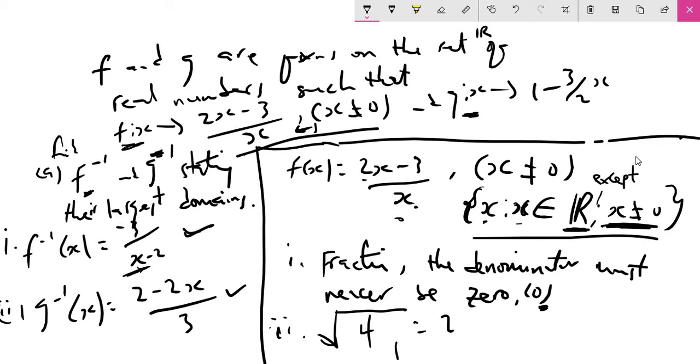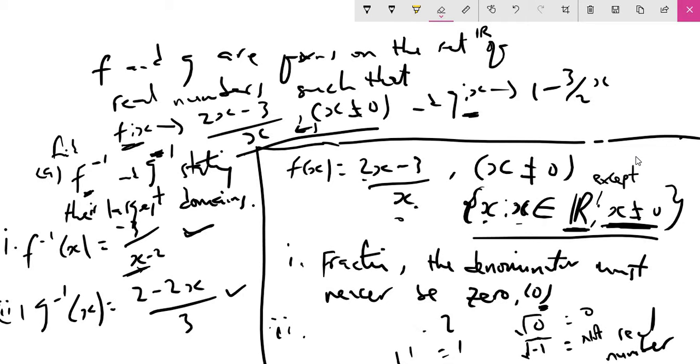What if you have root 1? This gives 1. Root 0 gives 0. What about root -1? That's a problem. If you try it on your calculator, you'll see that it will bring you an error. That is because this is not a real number.